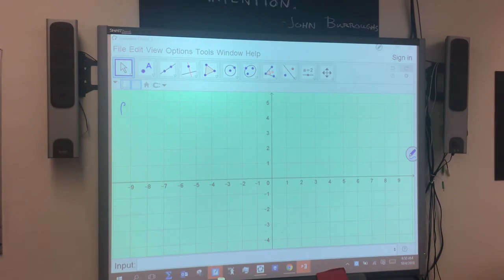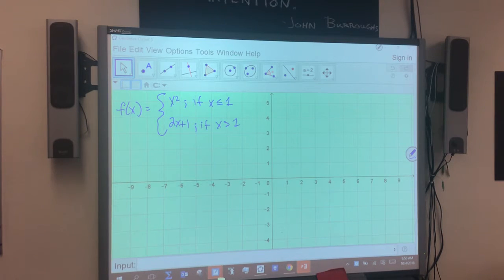F of x was equal to x squared if x was less than or equal to 1, and 2x plus 1 if x were greater than 1. We're going to graph those things.